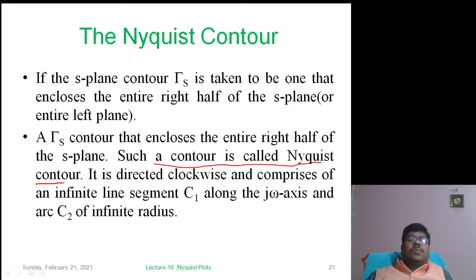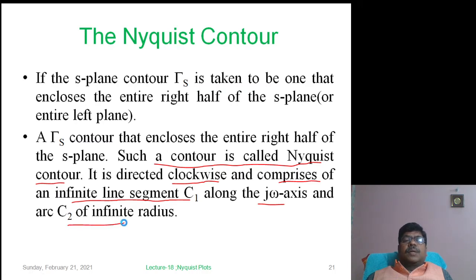Any contour that encloses the right half of the S plane will be called the Nyquist contour, directed in the clockwise direction, and it comprises an infinite line segment C1 along the j omega axis and an arc C2 of infinite radius.